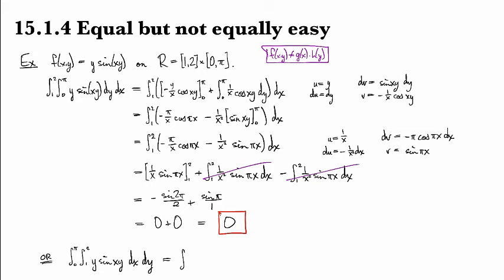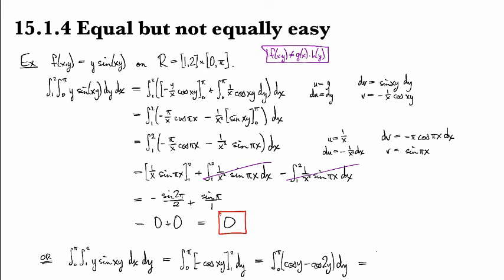So this becomes the integral from 0 to pi of minus cosine xy evaluated from 1 to 2 dy, and the integral from 0 to pi of cosine y minus cosine 2y.